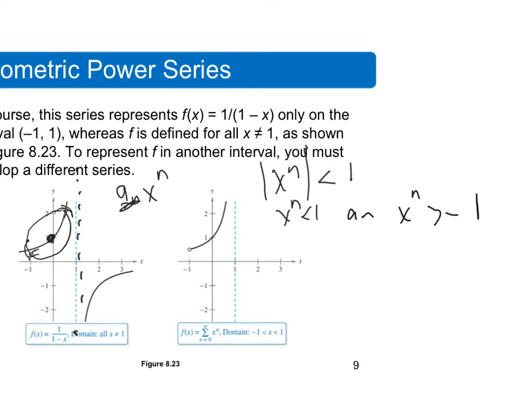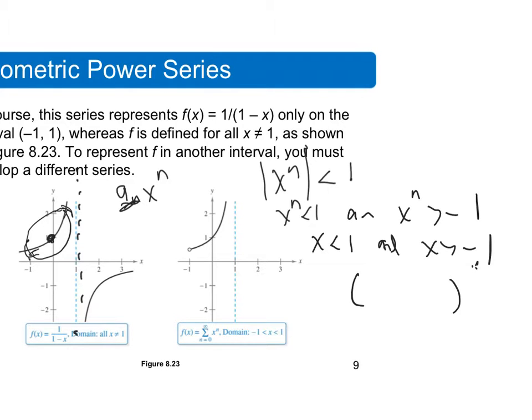The nth root of 1 is 1, so x is less than 1. And you could get to the negative 1 if it's an odd nth root, but that's going to be the best I can do with it.